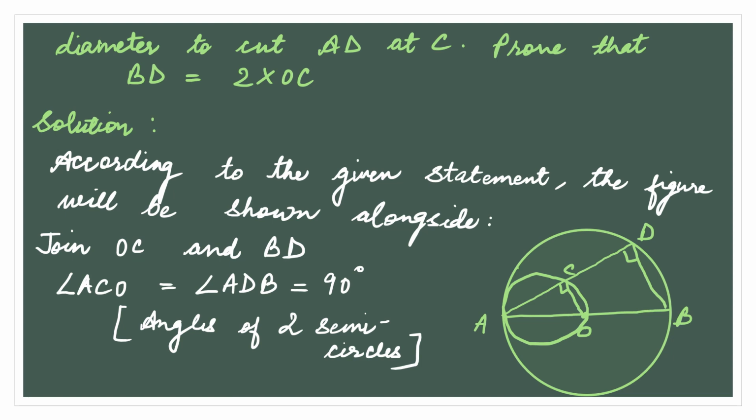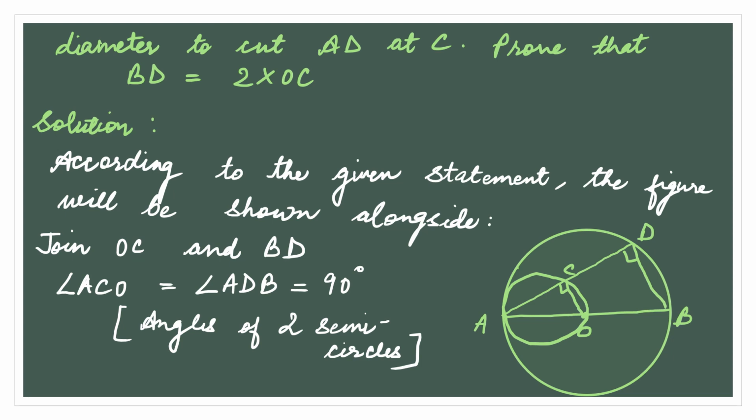So therefore AC upon AD, AC is half of AD, and therefore CO is half of DB. Okay, let us see how we have solved this.